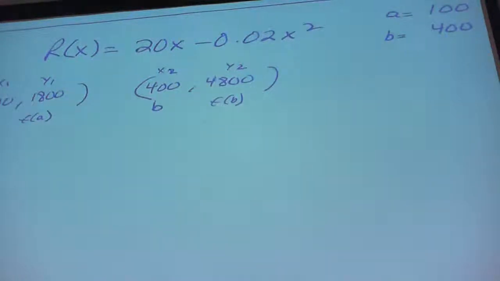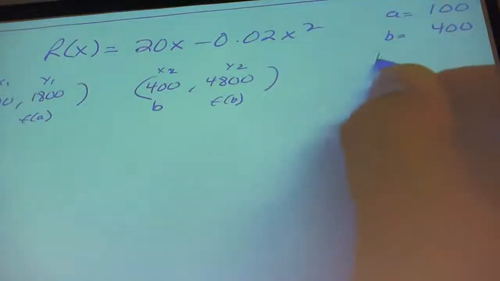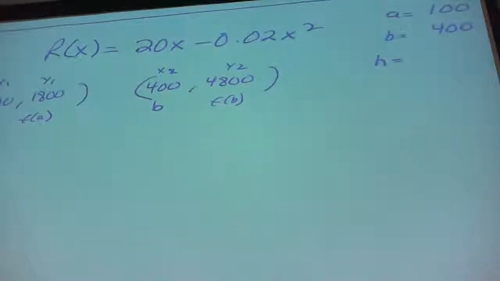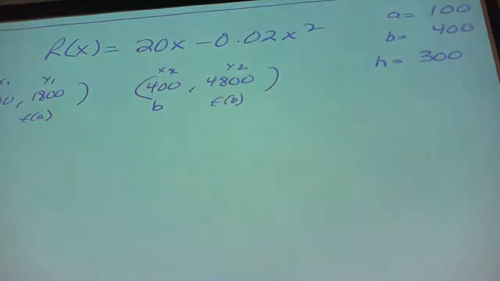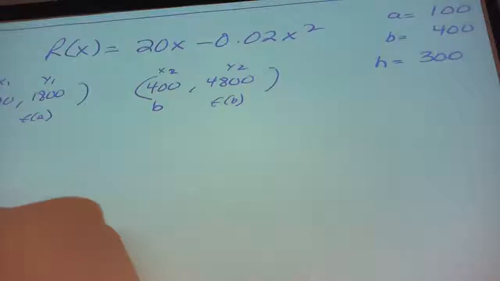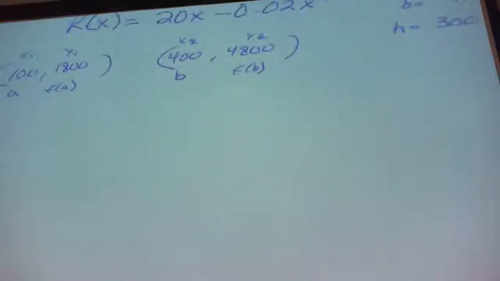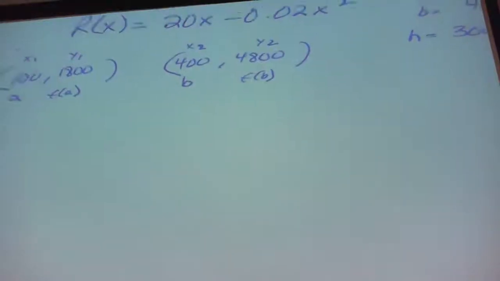The only thing I haven't mentioned is this thing called H. Okay? To find H, it's B minus A. So what's B minus A? 300. Stop there. Okay? Now, I'm going to put all three in front of you, and I'm going to prove that they're all the same. So the one you like, y2 minus y1 over x2 minus x1. I'm going to make it so you can actually see it too.